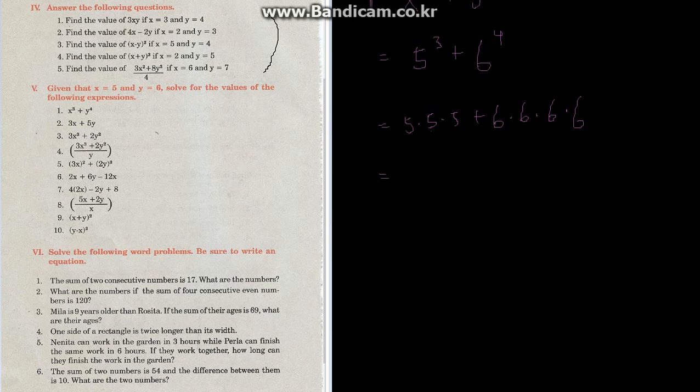and 5 times 5 is 25, 25 times 5 is 125, plus 6 times 6 is 36 times 36. 6 times 3 is 18, plus 3 is 21. 3 times 6 is 18. 3 times 3 is 9, plus 1 is 10.